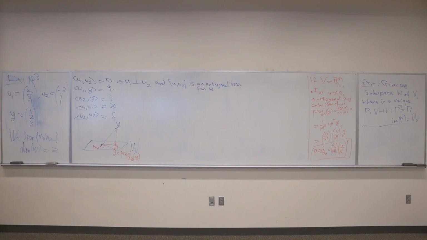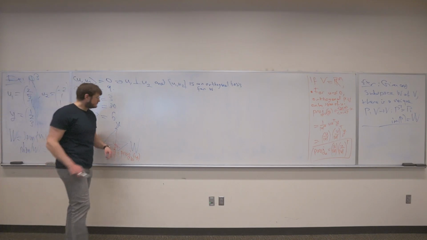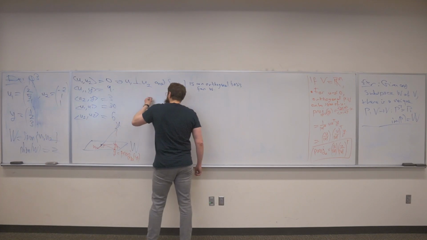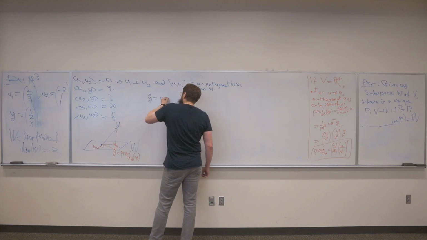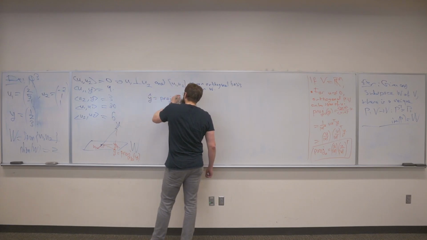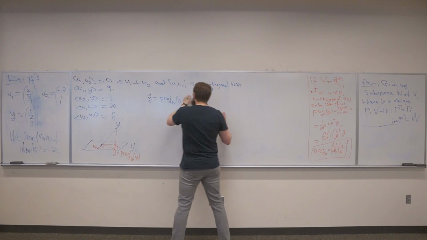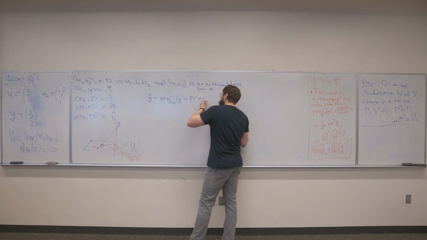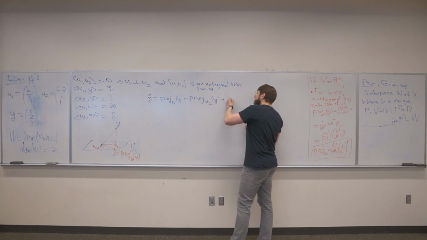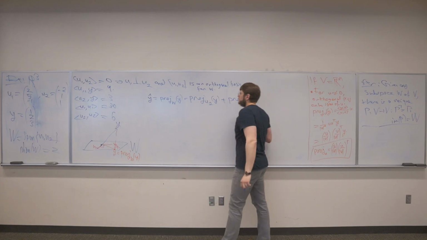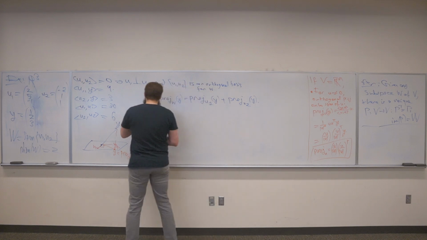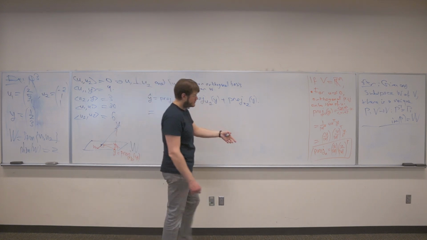OK? And so all I need to do to compute this then is project onto u1, add to it the projection onto u2. Okay? Now, expand these using the formula.